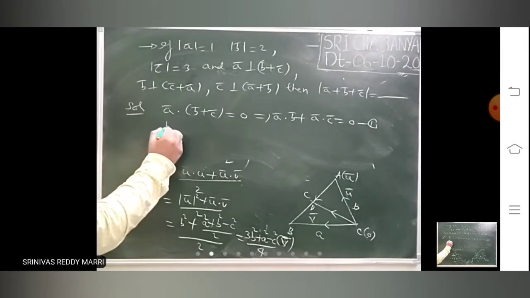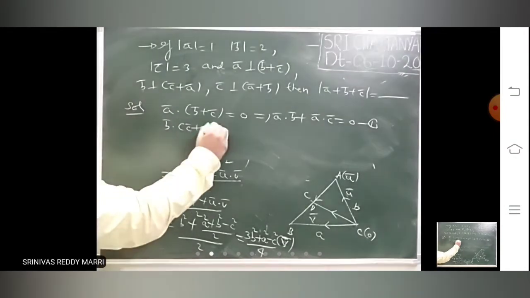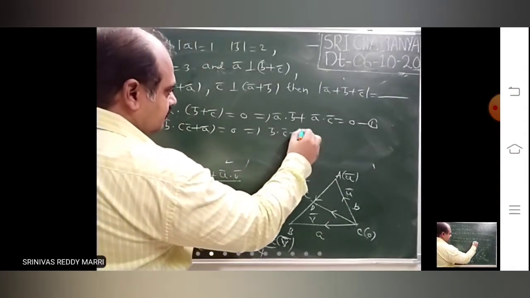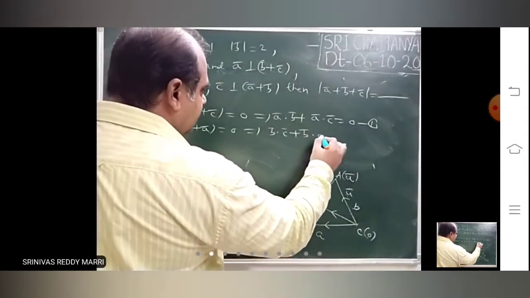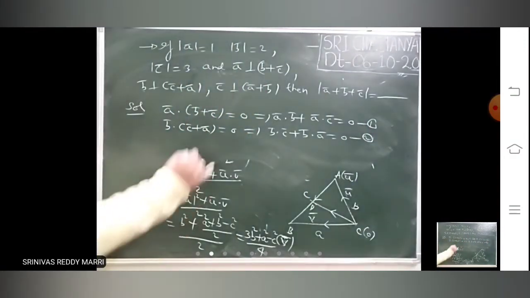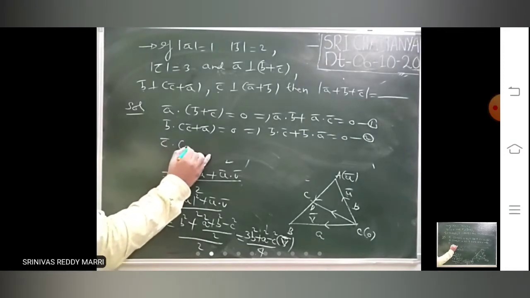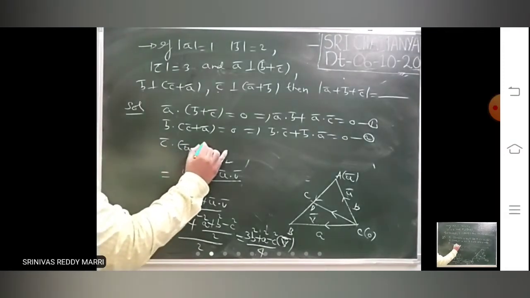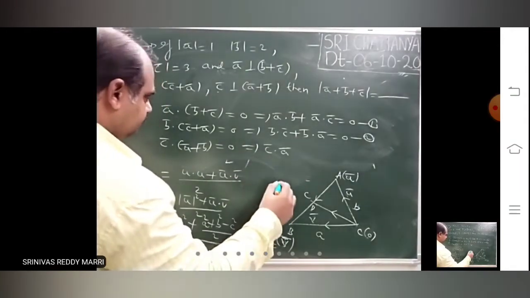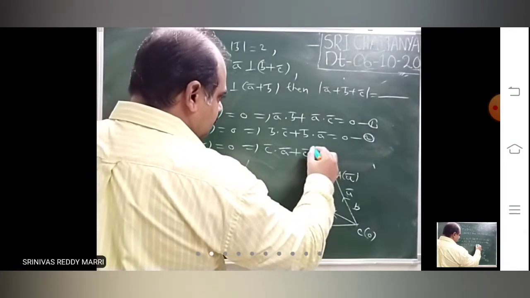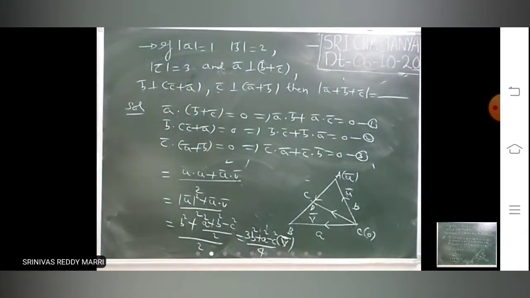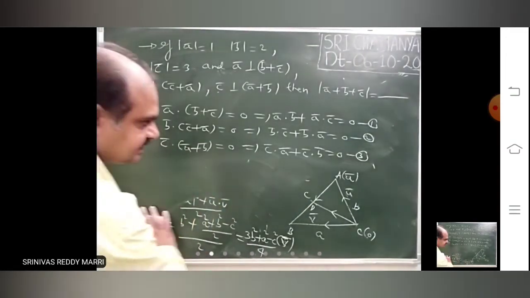Next, b bar perpendicular to c bar plus a bar given, it implies b bar dot c bar plus b bar dot a bar equals 0, second equation. Then c bar perpendicular to a bar plus b bar given, so this is the third equation. These three are the given conditions.